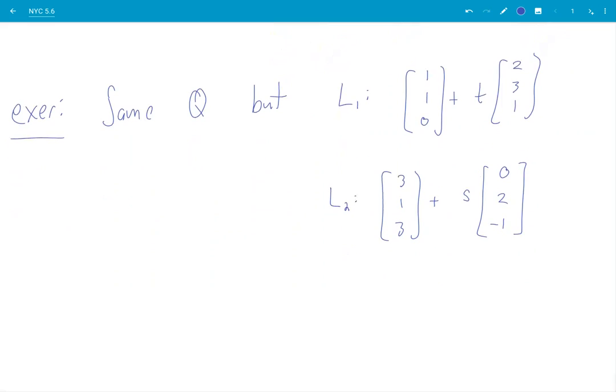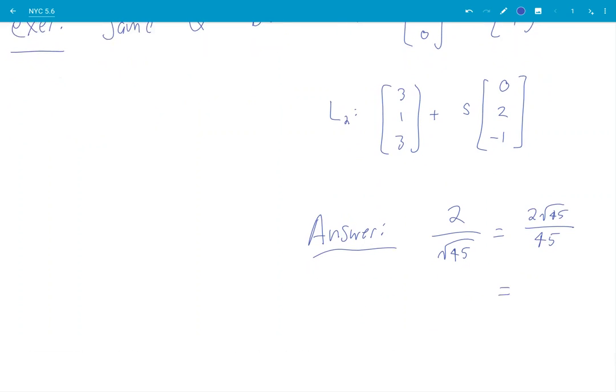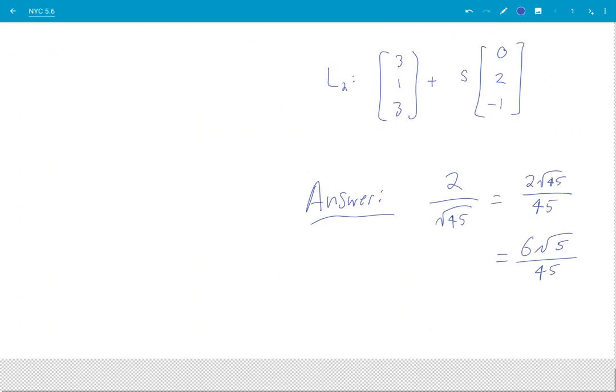And hopefully at the end, you got 2 over root 45, which, being good mathematicians, we can reduce. There's a 9 in there, so 6 root 5 over 45.